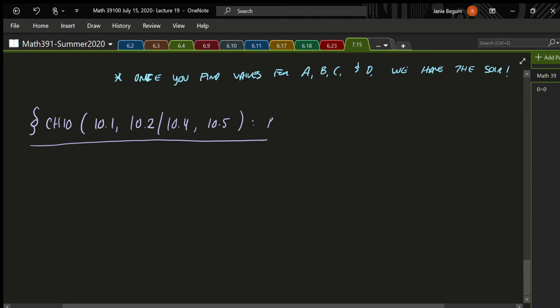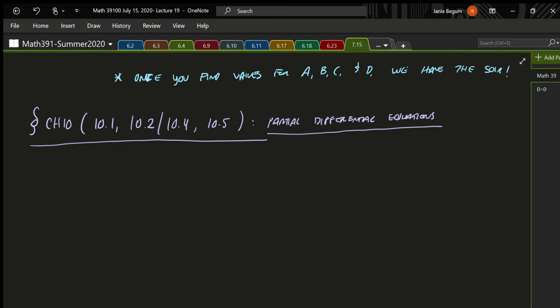So we're going to study partial differential equations. We talked about them very briefly in chapter 1 when we had to classify if the differential equation is partial or ordinary. That's when we talked about them the first time.